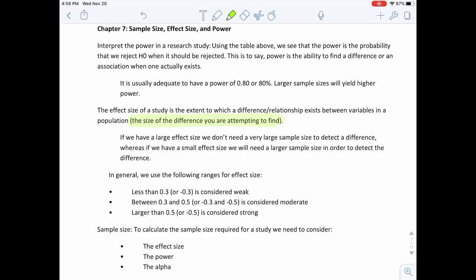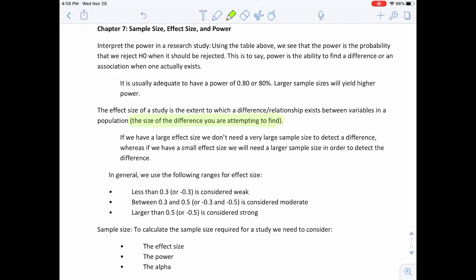The thing is that if you have a large effect size, meaning you suspect that there's a big difference between these two groups, you're not going to need very large sample sizes to detect that, right? Because those differences are going to emerge almost immediately, right?